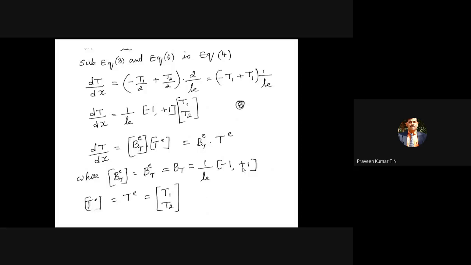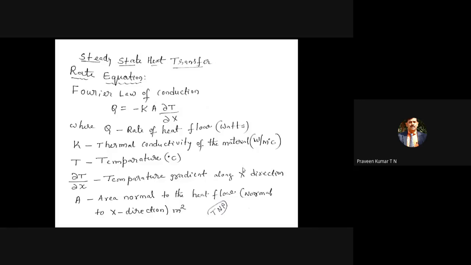Now, before going for the actual finite element analysis of the heat transfer problem, we'll go through some of the equations, because even in the syllabus they are given: rate equation, steady state heat transfer equation, etc. So you are familiar with Fourier law of conduction. In a simple way, heat conduction is directly proportional to the thermal conductivity.